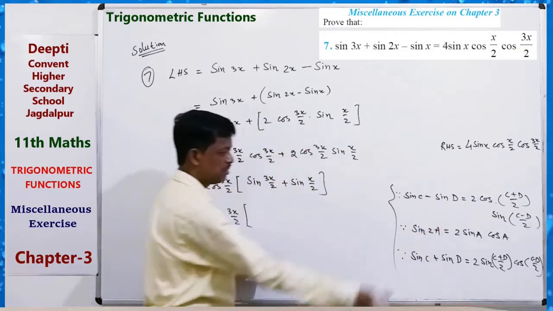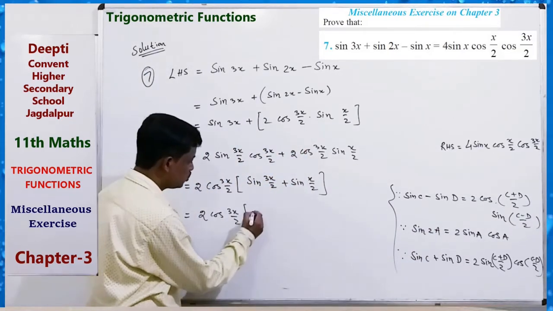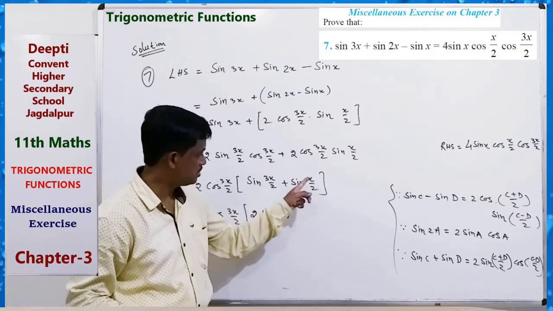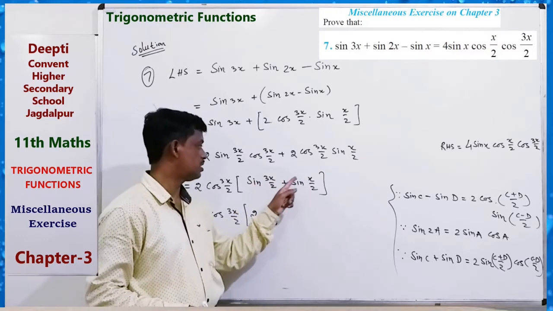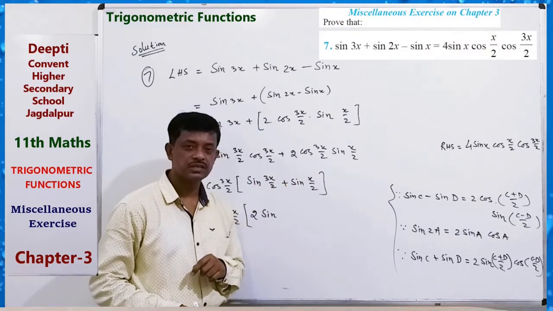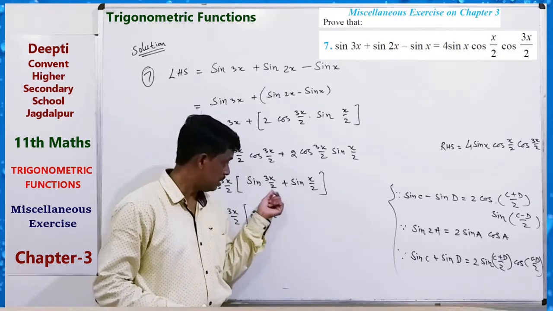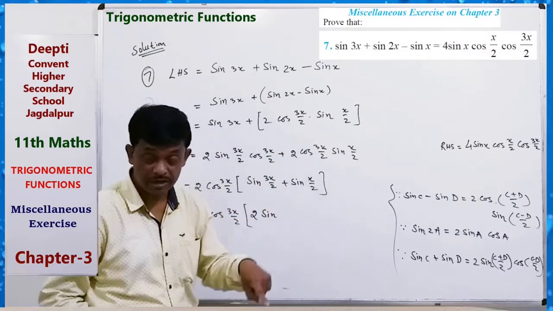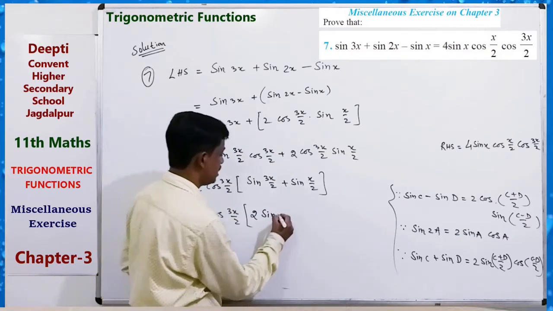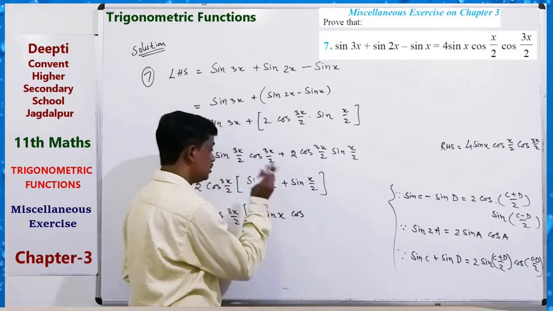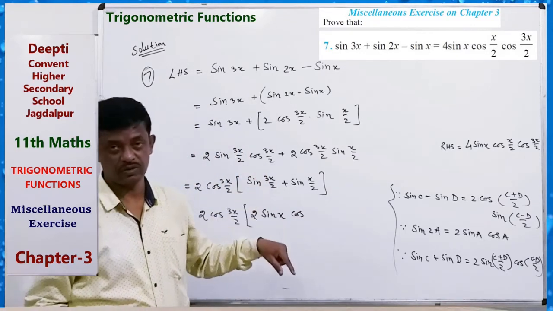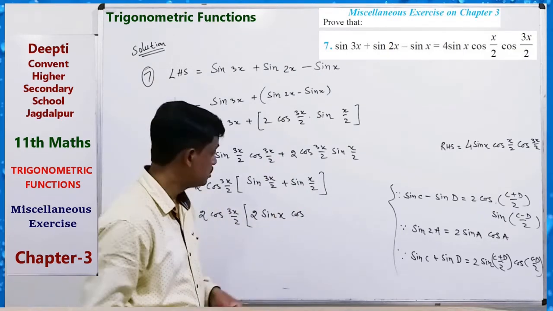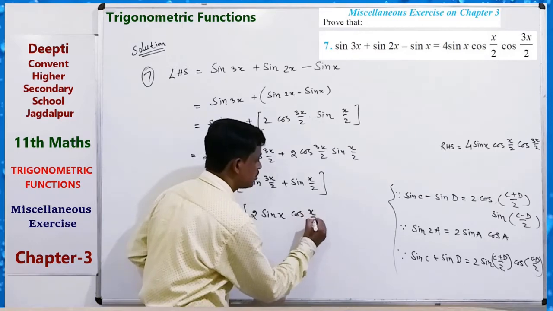So here 2 sin (c plus d) by 2, that is this plus this by 2, so 3x plus x, 4x by 2, 2x, and also by 2, x. So this is sin x and cos (3x by 2 minus x by 2), that is 3 minus 1 means 2x by 2, cancel. So cos x by 2, here cos x by 2.